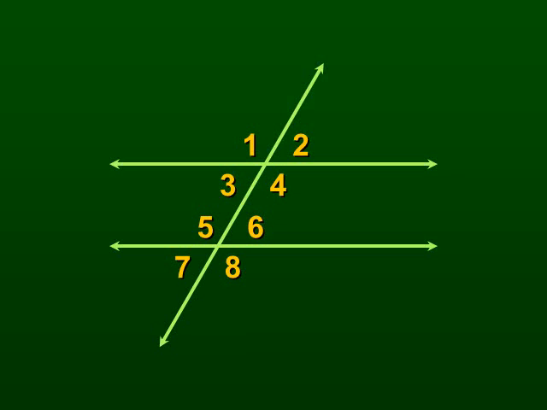Now these particular lines are parallel, but if you look at the definition, it doesn't say anything about having to have parallel lines, okay? So if you look, 4 and 5 are interior those two lines. So those are alternate, they're opposite the transversal, but they're interior of the two, in this case, parallel lines.